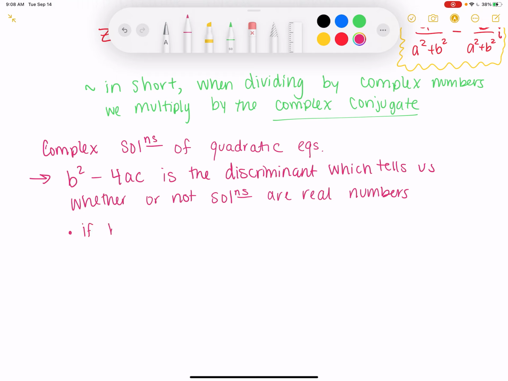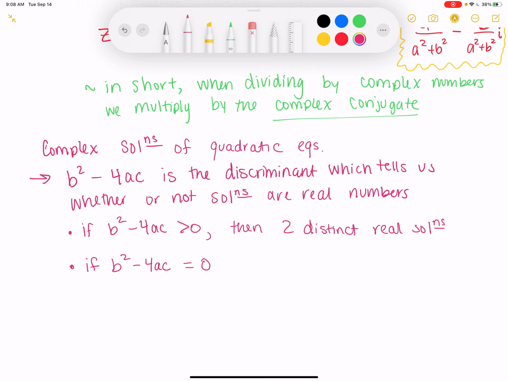If b squared minus 4ac is greater than 0, then we have two distinct real solutions. If b squared minus 4ac is equal to 0, then one repeated real solution.